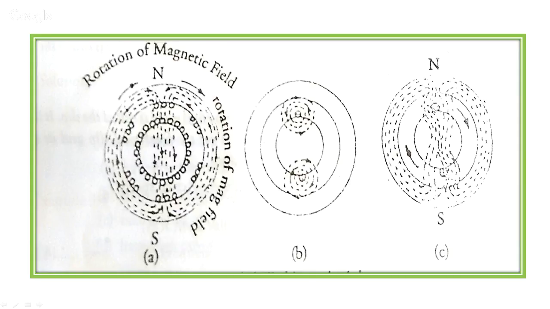You can see this conductor tends to move downwards, you can follow the arrow here, and this conductor is being pulled upwards. That means a rotating force or a twisting moment or torque is set up in the rotor, and hence the rotor starts rotating.